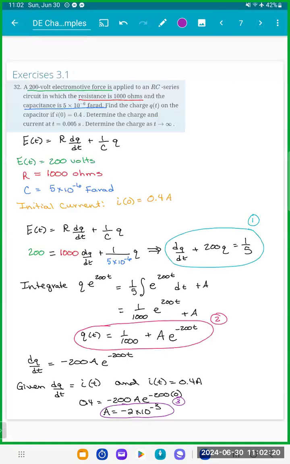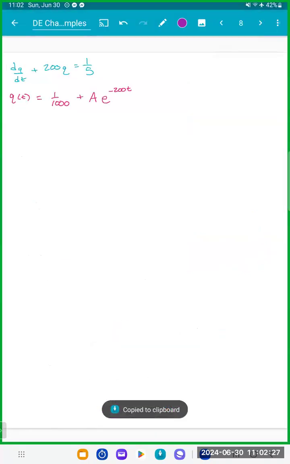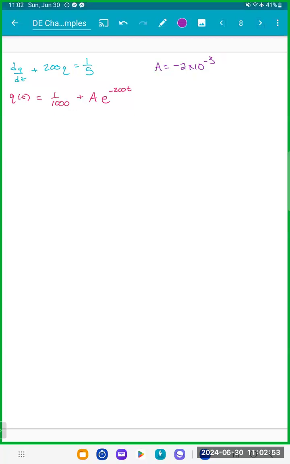Okay, and finally, third. For the sake of saving some paper, I'm going to just move this up here so that we have a little bit more room.